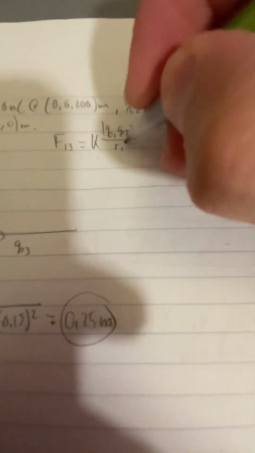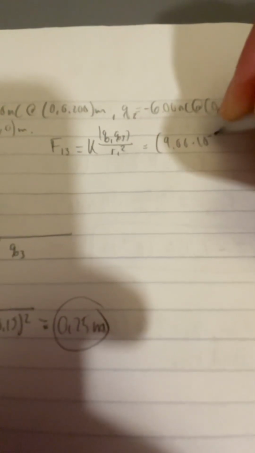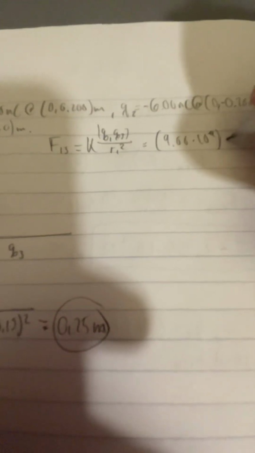R1 squared. And again, this is very similar to before. This is 9 times 10 to the negative 9 from nano to regular coulombs times 2.5.